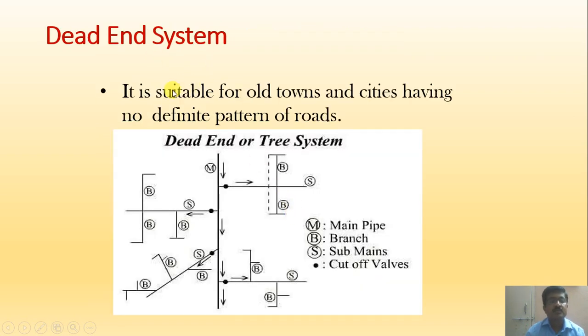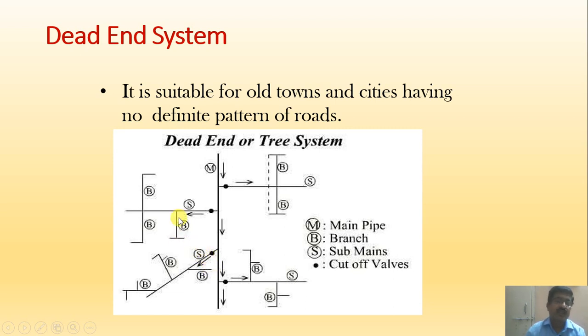Dead end system. It is suitable for old towns and cities having no definite pattern of roads. Now you can see this dead end or tree system follows the roads which are available, right? Here the letter M stands for the main pipelines, S stands for the sub-mains, and B stands for the branches.